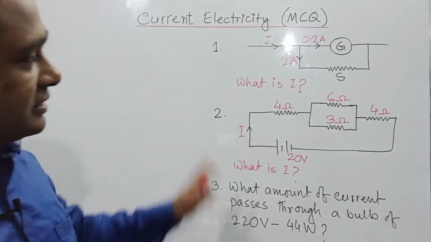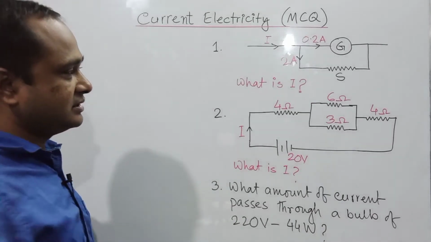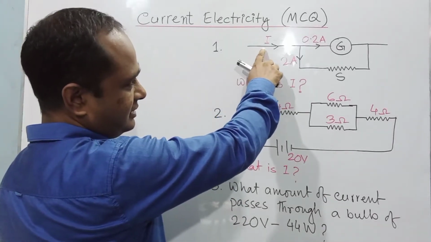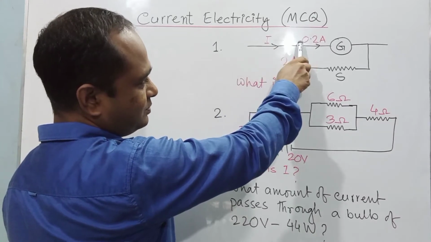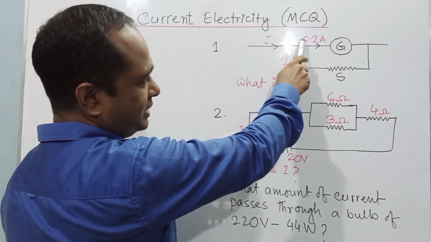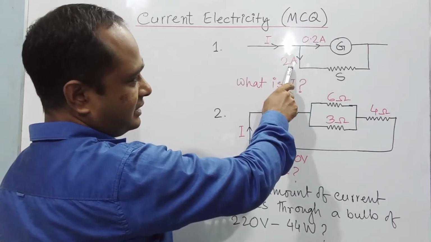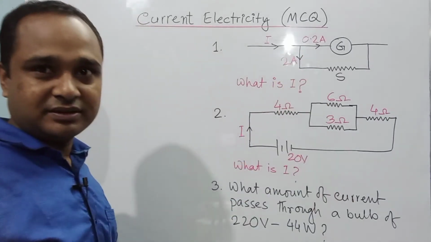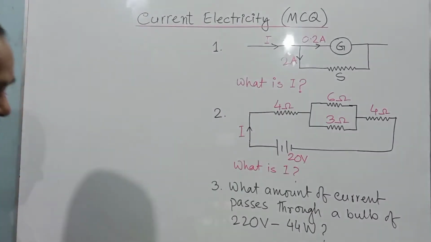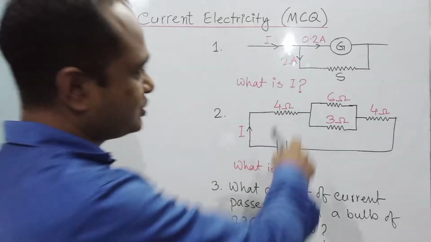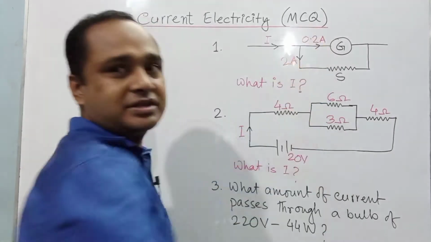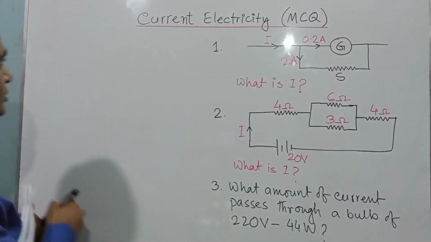That is, we have to calculate the value of the main current I. I think it is clear to all that the main current I is split at this point into two parts. One is 0.2 ampere and the current through the shunt is 2 ampere. So the main current is the summation of these values.